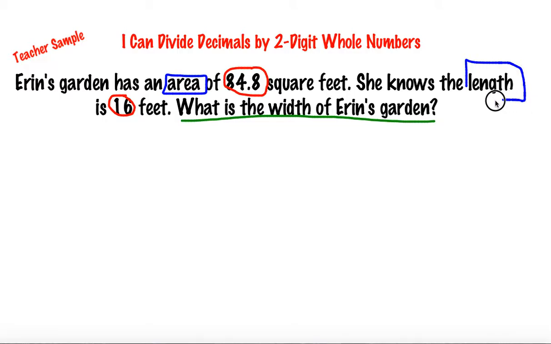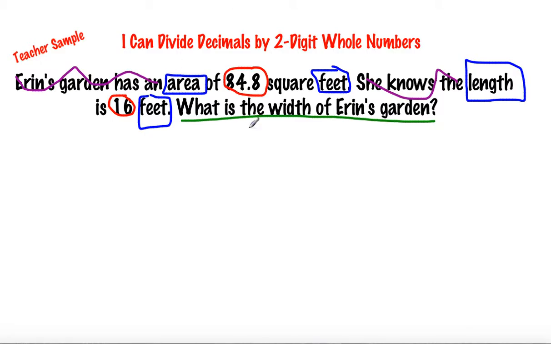Length. And that's probably all we need. You might want to put feet so that you know what your unit should be. And then we're going to eliminate anything we don't need. Thank you, Erin, but we don't need to know it's your garden. And then we're going to solve.